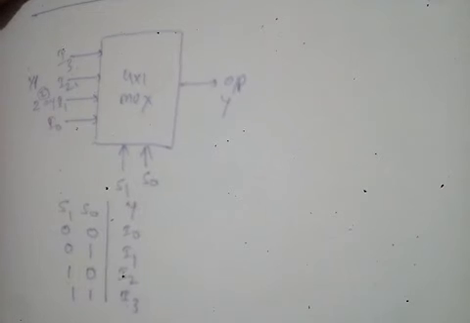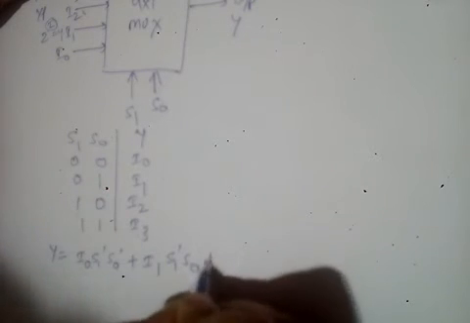So from this truth table, we can directly write down the Boolean function for output Y. So Y equals I0 S1 bar S0 bar plus I1 S1 bar S0 plus I2 S1 S0 bar plus I3 S1 S0.